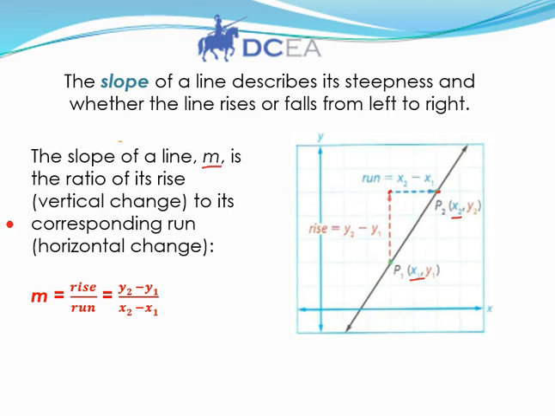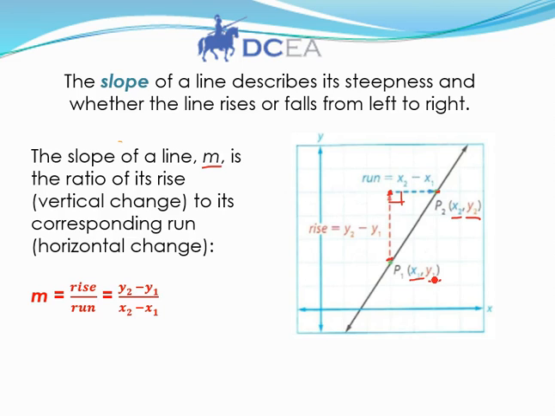The rise is its vertical change, and that would be from this point to this point. This would also be y2 minus y1. Note that when we are working with slope and determining points, we're actually creating 90-degree angles.